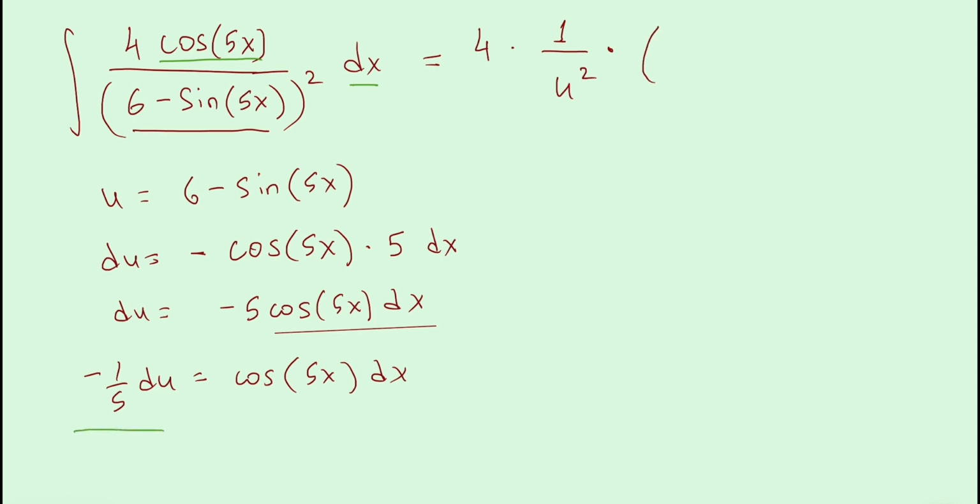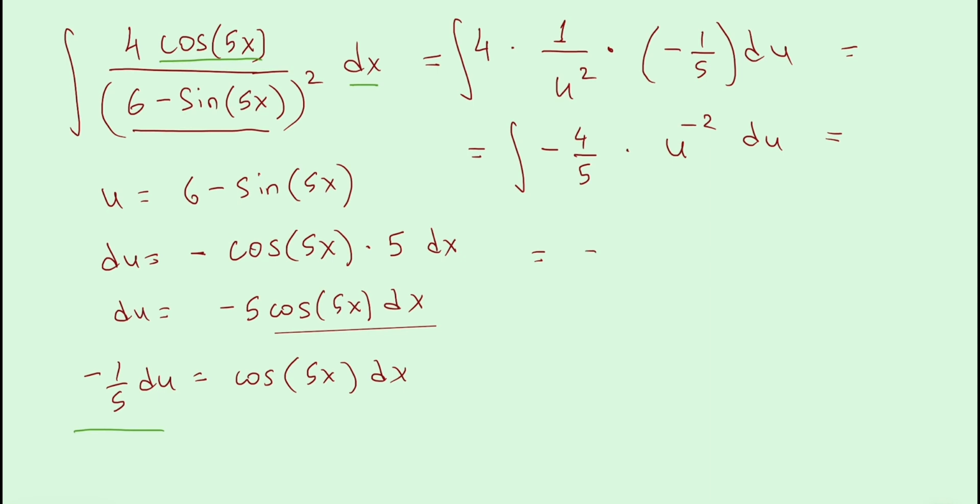So we get times negative 1/5 du. Now let's rewrite this. We will get negative 4/5 times u, 1 over u squared is going to be u to the negative second power du.